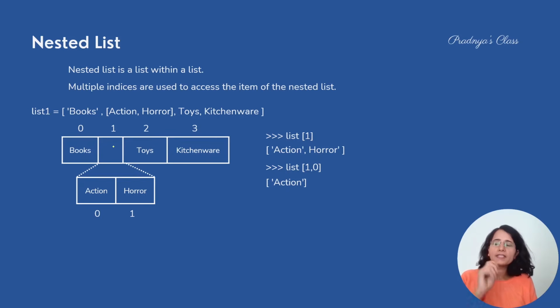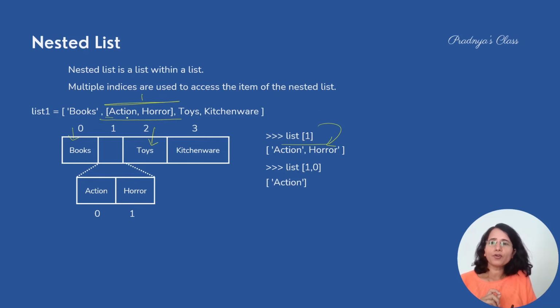Now how to access the elements of the nested list? If I want to access books, it is very easy. It is list1[0]. If I want to access toys, this also is very easy. It is list1[2]. But how can I access these elements? If I write list1[1], as this is the index of the whole list, we will get the complete nested list.